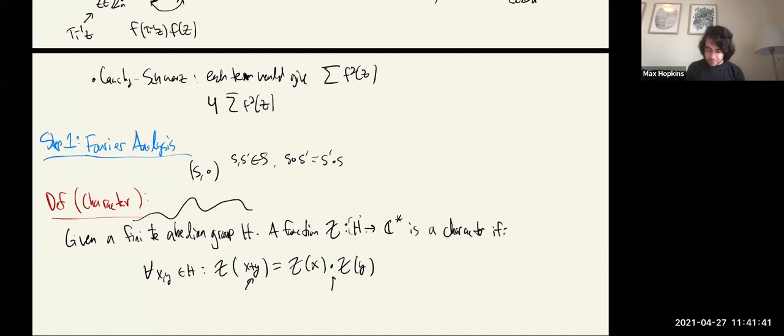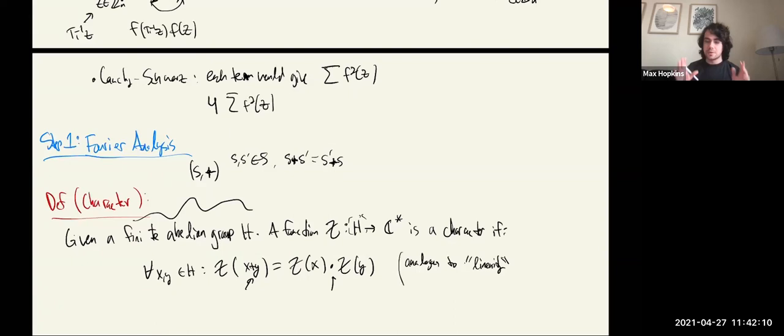So plus, which is defined with respect to H, maybe I should say plus here, since we'll be using Zn and plus will be our operation. So basically it respects this operation moving between H and C star. If you haven't studied algebra before, you should think of this as basically analogous to linearity.